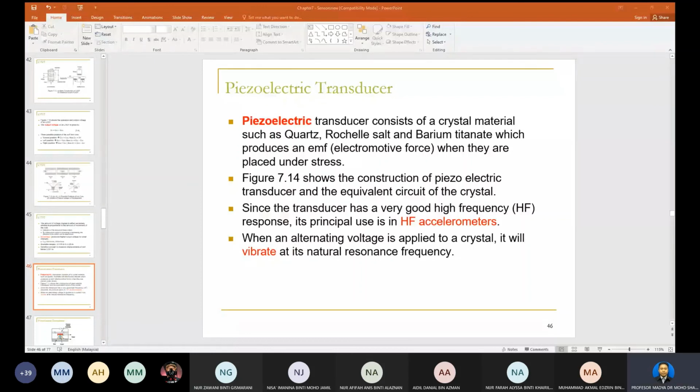Right, if no question, I will stop here. We will continue next week. Next week we will finish our syllabus. We just have the piezoelectric transducer.